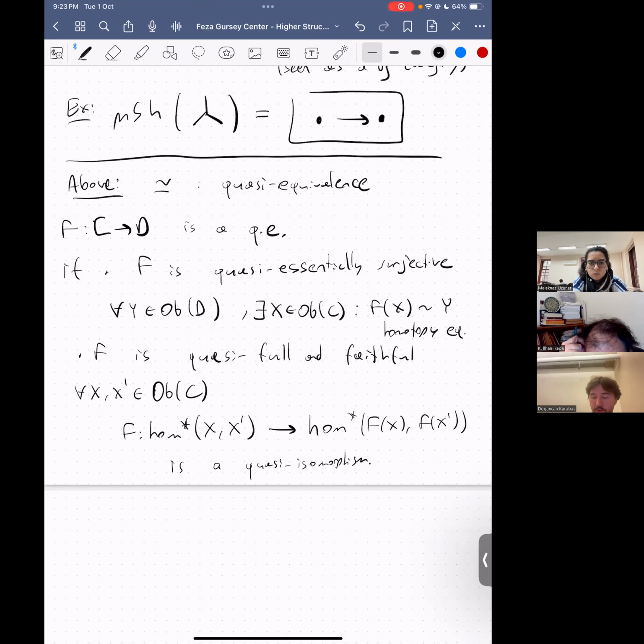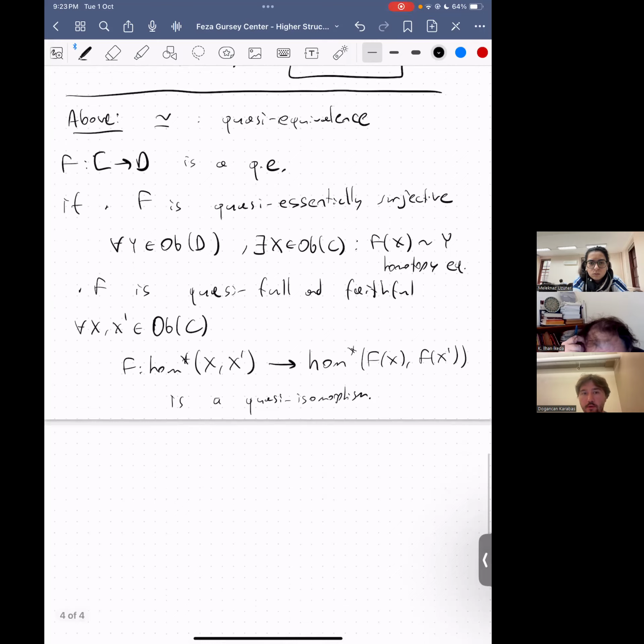So it induces an isomorphism on the homologies of the chain complex.